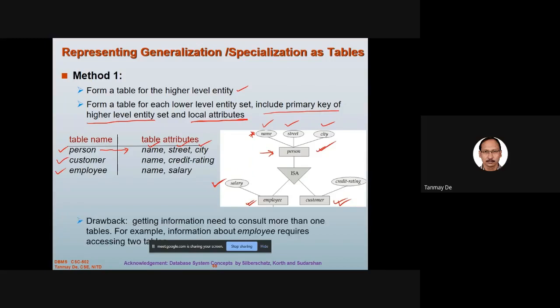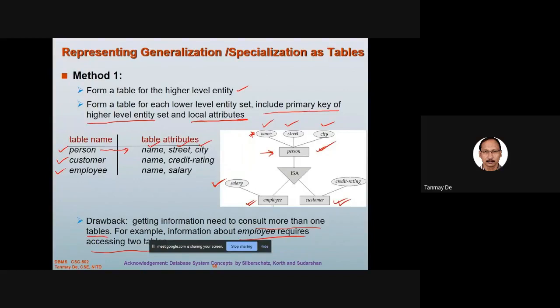But in this method, the drawback is that to get information we sometimes need to consult more than one table. For example, if we want to collect information about all the employees, we need to access two tables.